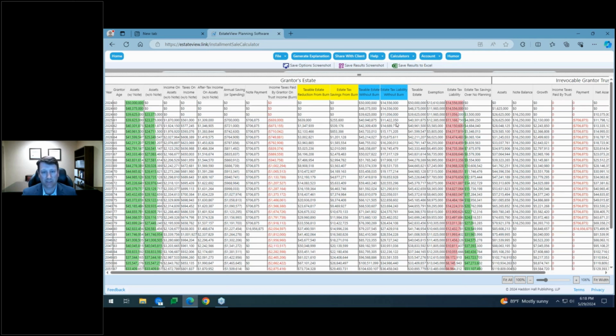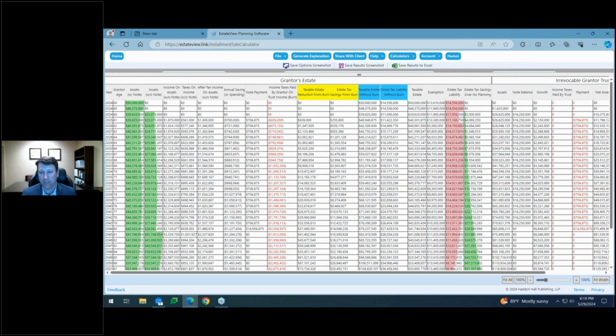And then we have our taxable estate without the burn consideration, if you wanted to just show that, or if you want to show it with the burn, it's there as well. Total taxable estate, what is our exemption amount? What is our estate tax liability? And what is our savings if we did absolutely nothing and just kept the $50 million of assets? That's all shown here.